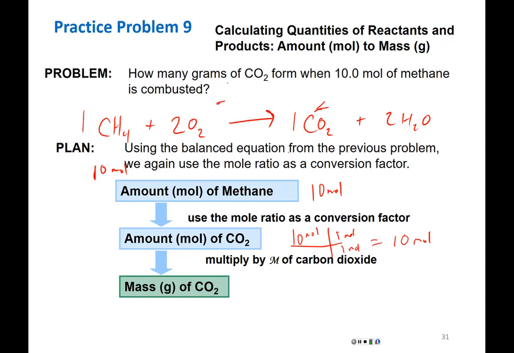Right? So 10 moles of methane is going to turn into 10 moles of CO2. And then we multiply by the molecular weight of CO2, which is 44 grams per mole. So what we get out as the mass would be 440 grams of CO2.